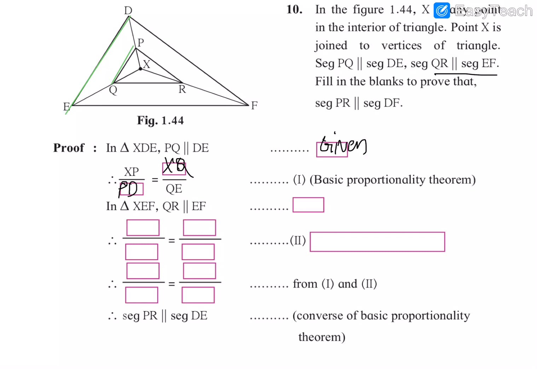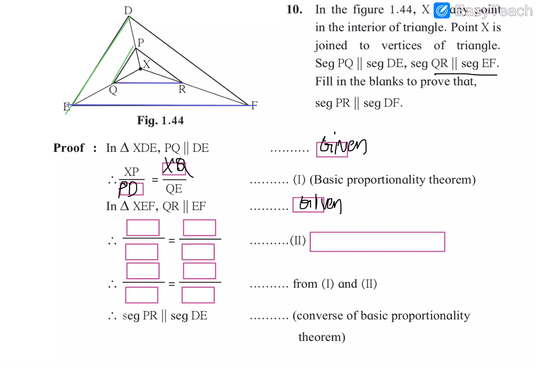Now we are going to the next step, that is in triangle XEF, QR is parallel to EF. Also we need to write the reason. It is already given in the problem. By considering this triangle and using the basic proportionality theorem, we can write XQ by QE is equal to XR by RF.